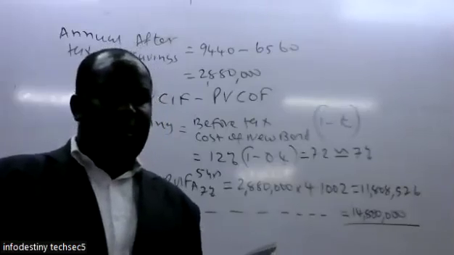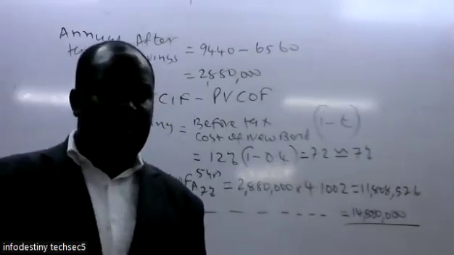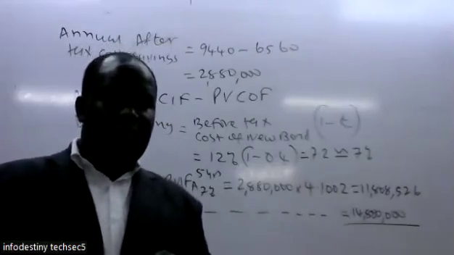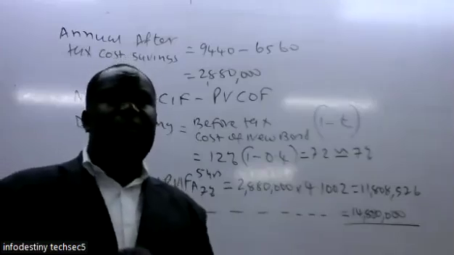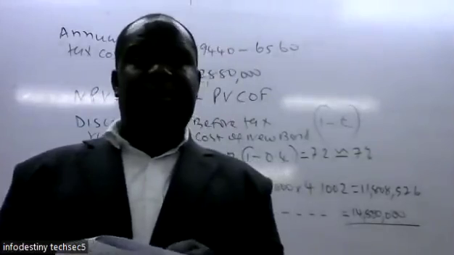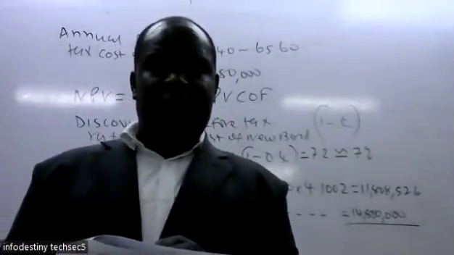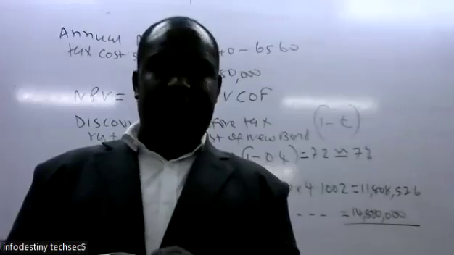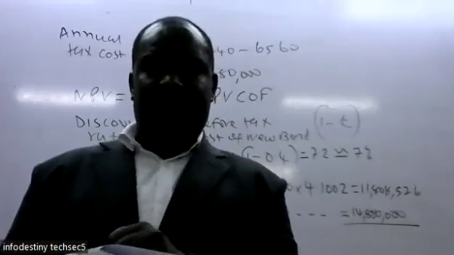Motor Limited is considering whether to buy a certain machine costing 100 million or to lease the machine. It is estimated that the machine will reduce variable cost by 31 million per annum.